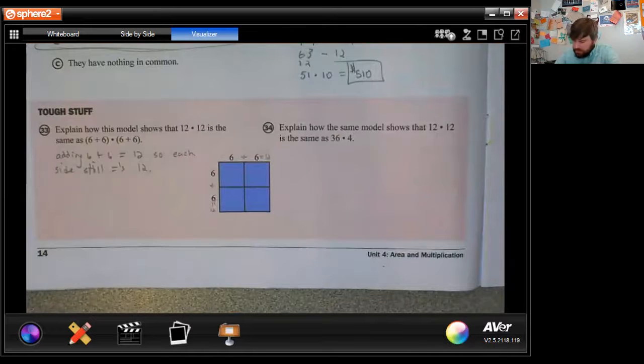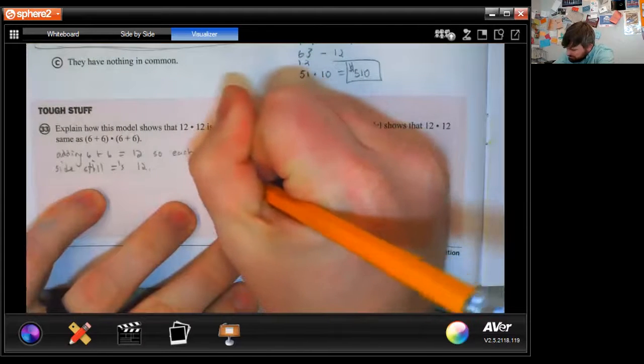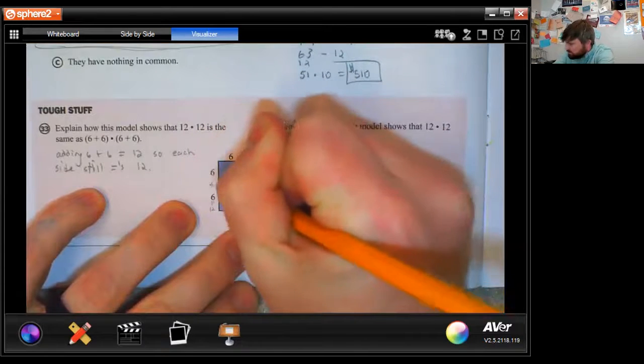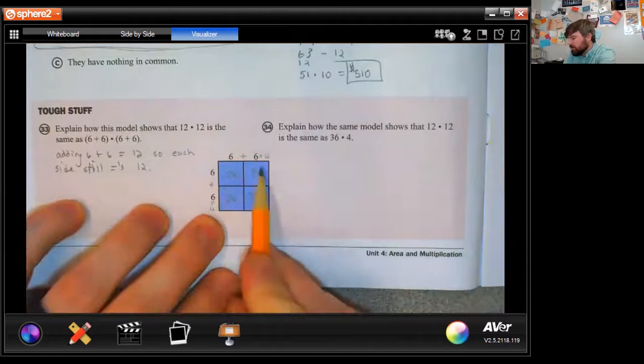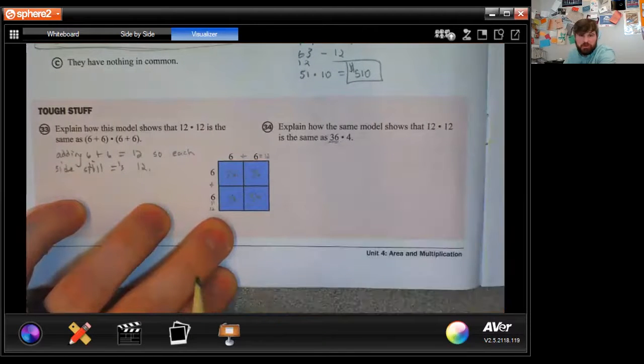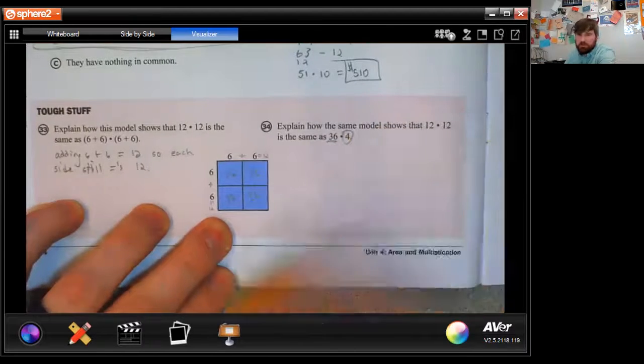Okay, so each of these little things has an area of 36 in them. 6 times 6 is 36. So each little square has an area of 36, which is where this number comes into play. Okay, and there are 4 of those squares, which is where this number comes in.